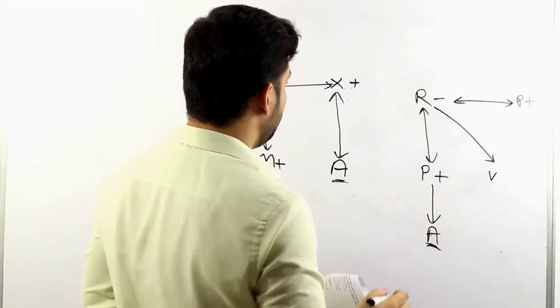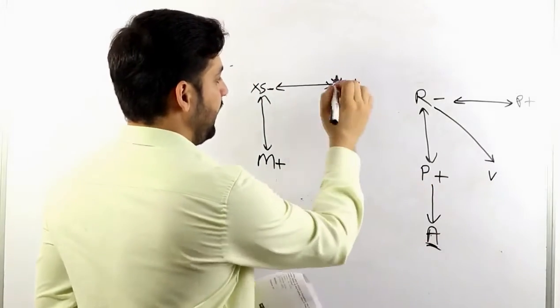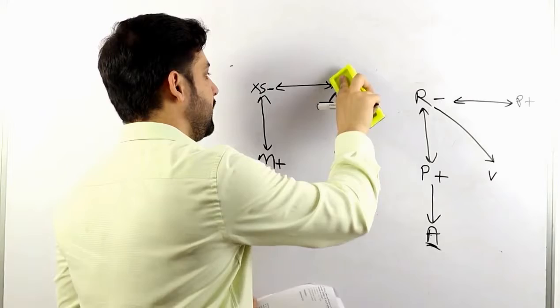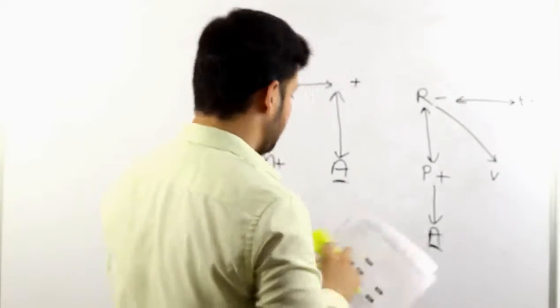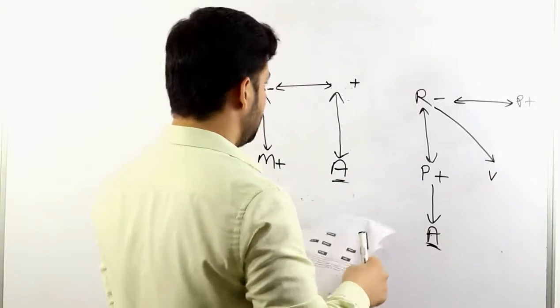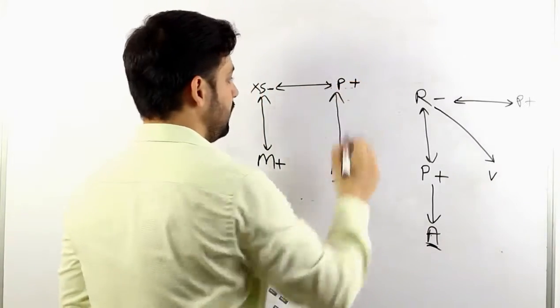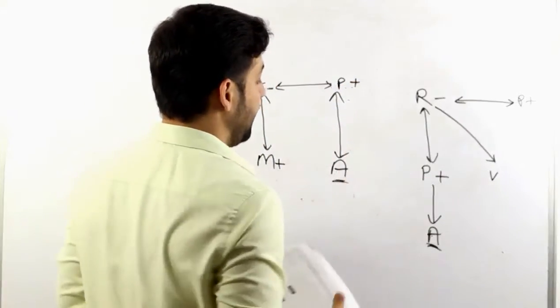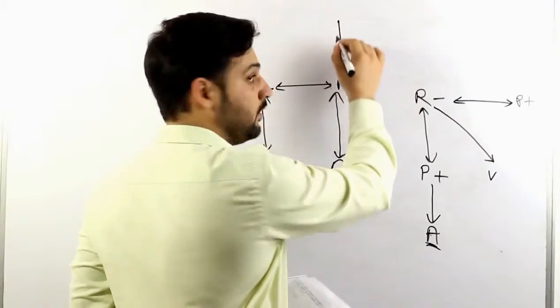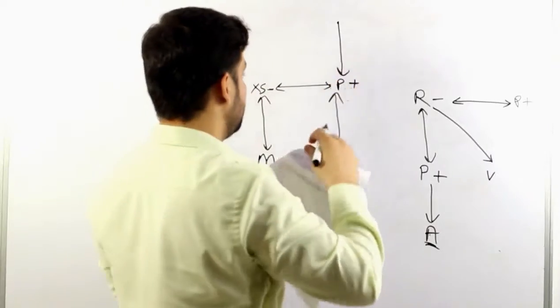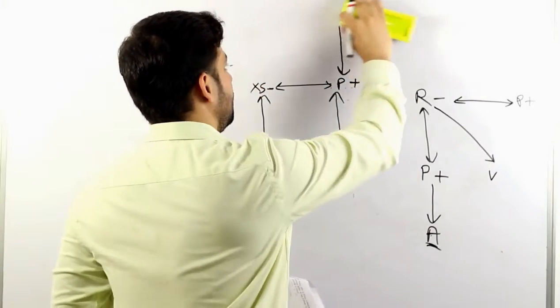Arun's father is P, so that X is P. That is not X, we got his name. P is Prakash. We are joining these two graphs. And then Reva is the mother of Prakash.